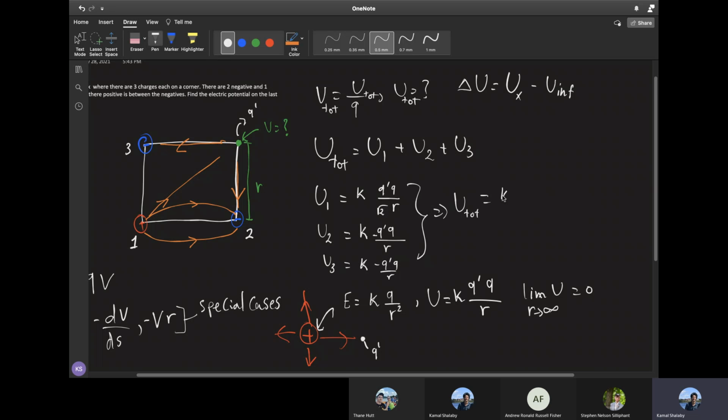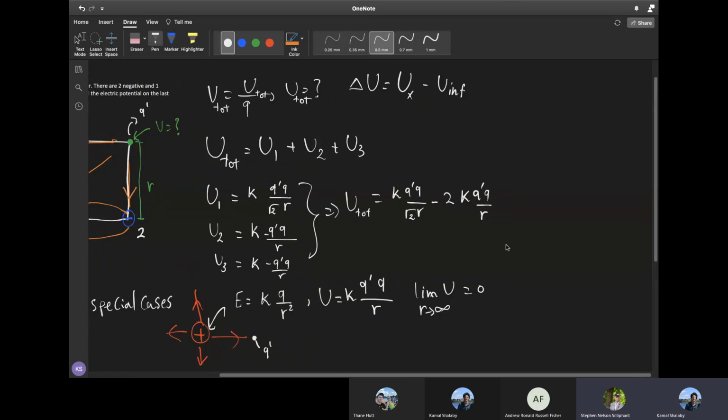It will be k q prime q over root 2 r, minus 2 k q prime q over r. Is that okay? Yep.